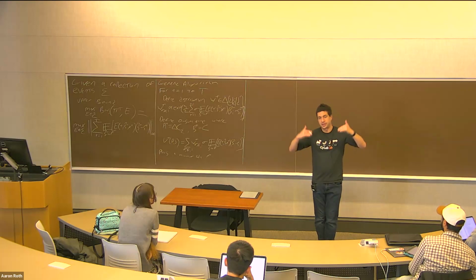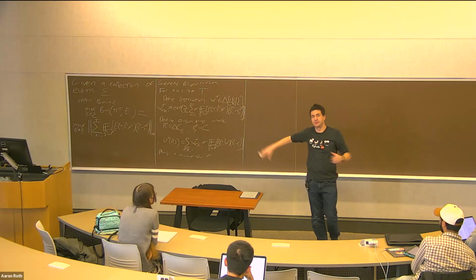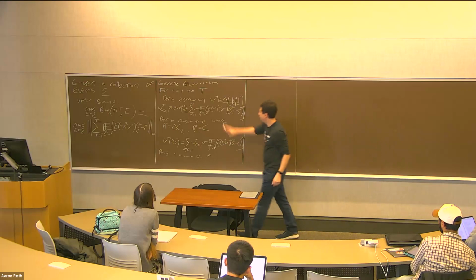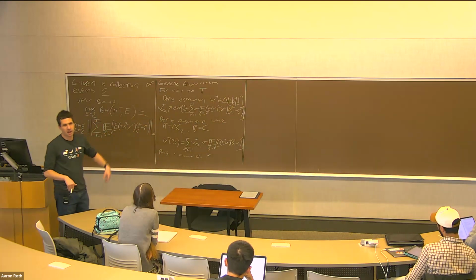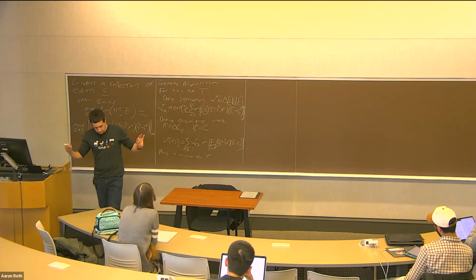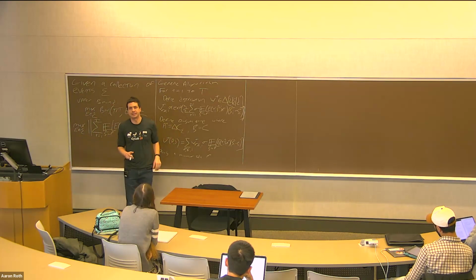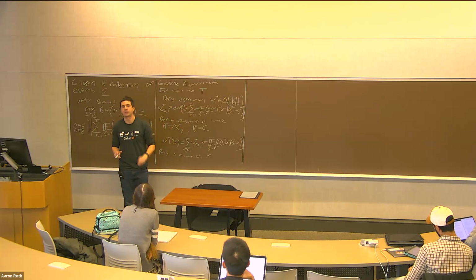And that was 0 in our analysis if you did this exactly. Here it's not going to be 0, it's going to be some epsilon. And so the cost for that is that there will be additional loss at the end of t iterations that scales like epsilon times t.